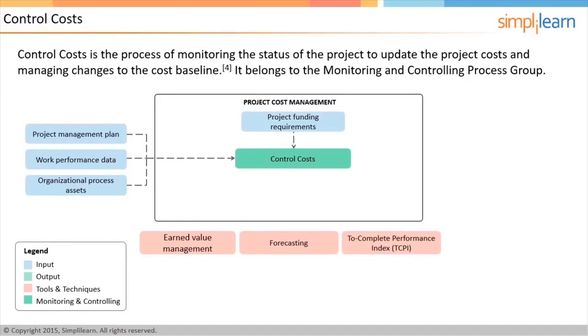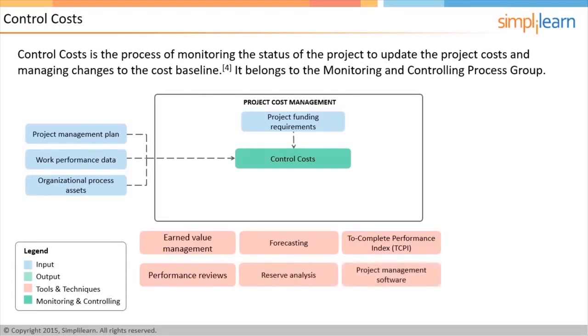Other important aspects of controlling costs are reviewing the performance, analyzing the reserves to make sure the project has enough budgetary reserves to meet the expenses, and Project Management Software, which helps in tracking and managing costs. Now, let us look at the output of this process.